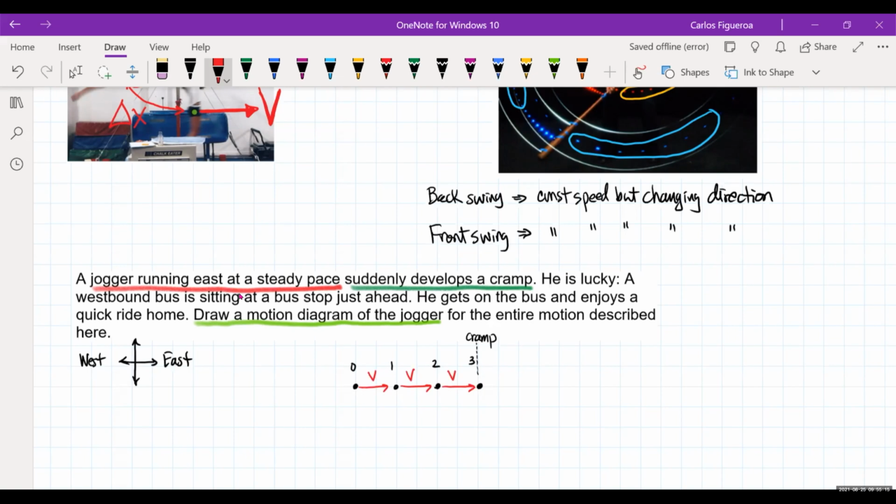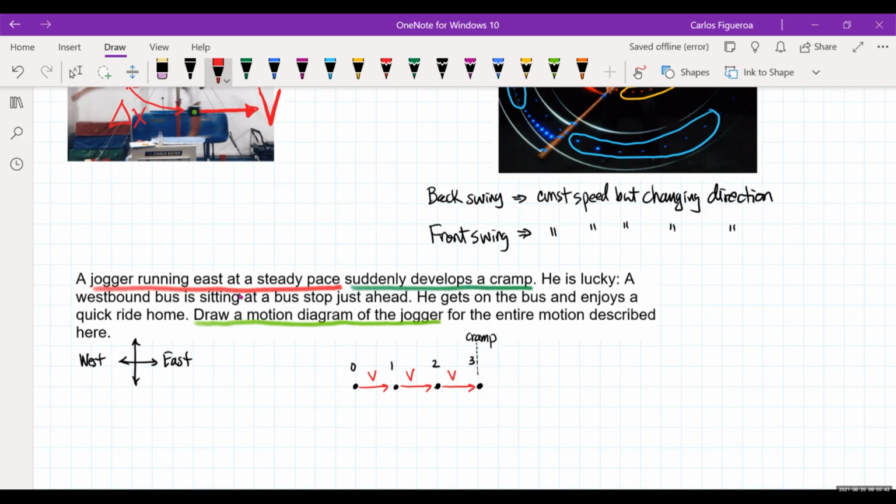Question: what is the size of the arrow at point 3? Is it the same size as at point 2? Is it bigger or smaller? Well, if he's running at a constant speed, he develops the cramp only at point 3.